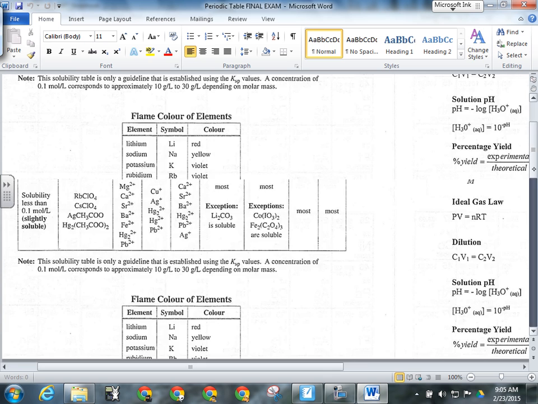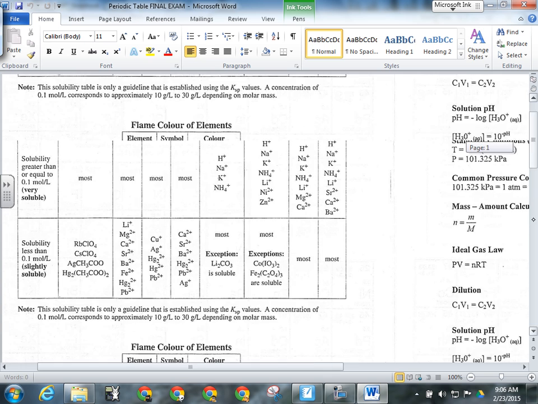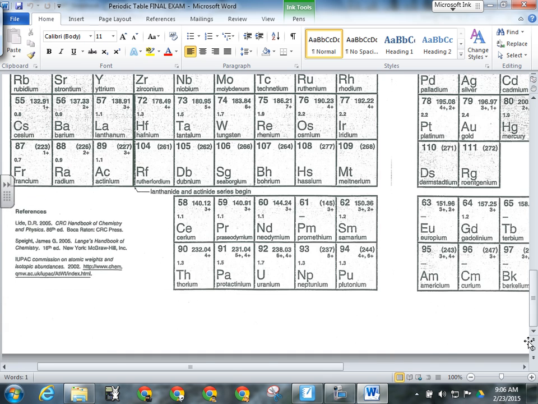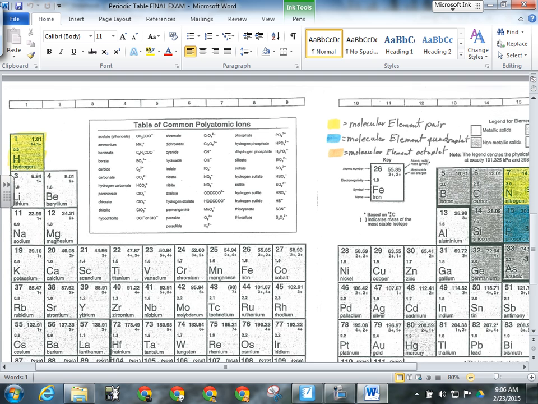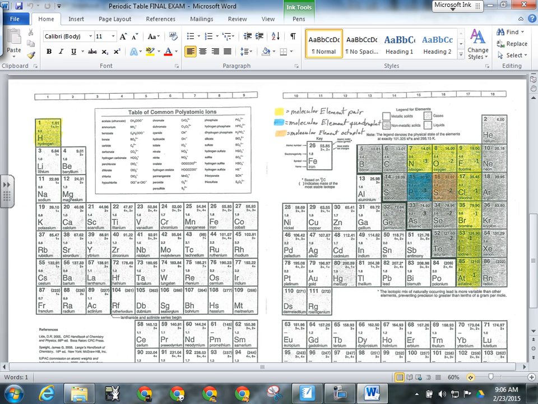The reason some of them are highlighted is because some elements will bond with themselves. Any ones that are highlighted in yellow will bond with themselves once, which means you will have a pair of atoms in that molecule.